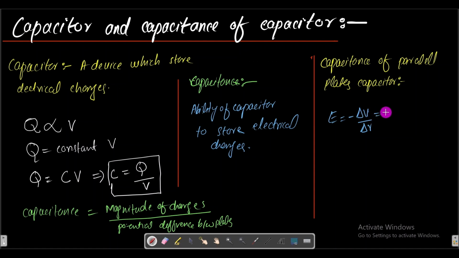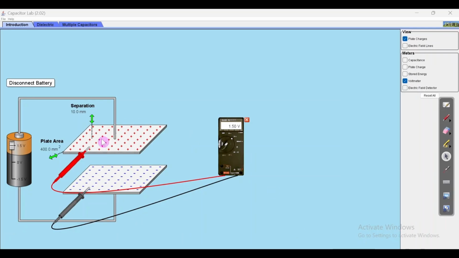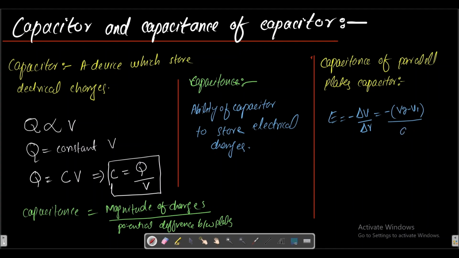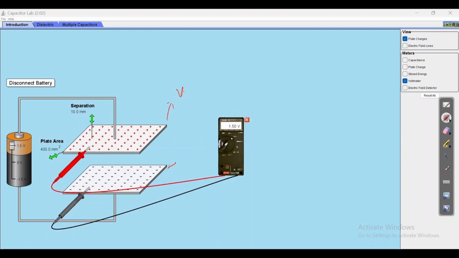This is the potential difference, which is given by V2 minus V1, divided by del R. In this case, this del R is actually the distance between these two plates, which is D. So from that I can write here D.